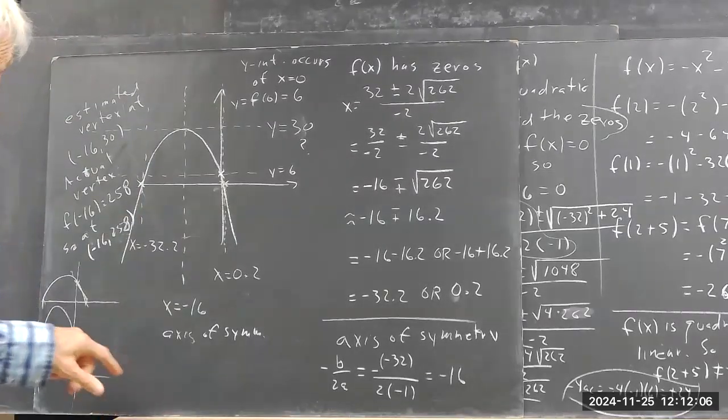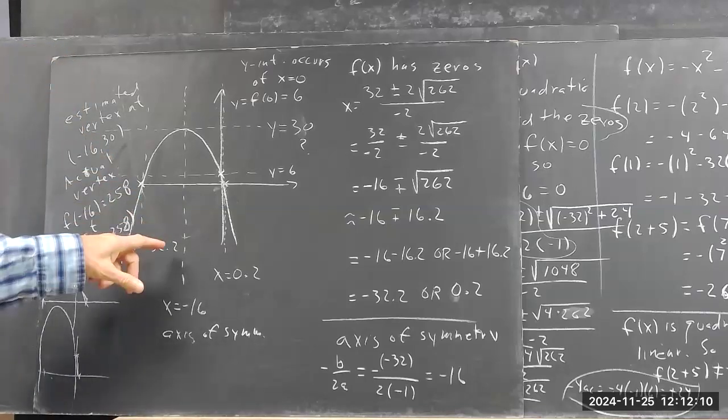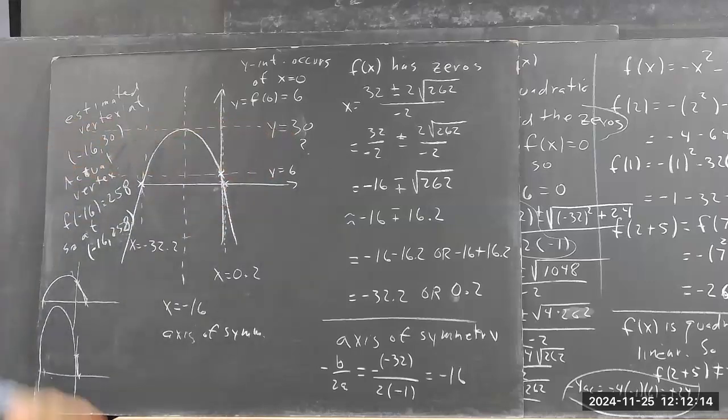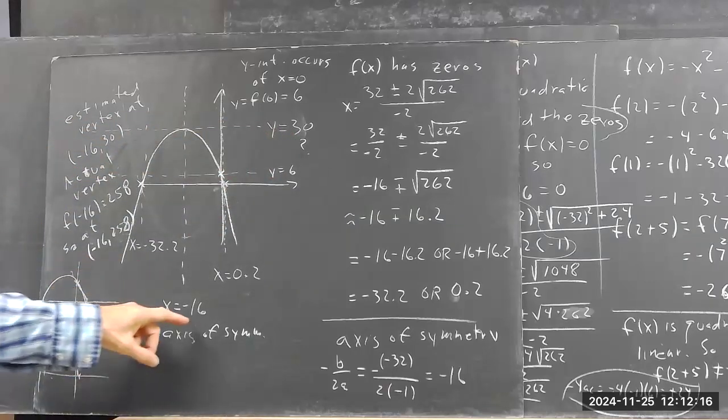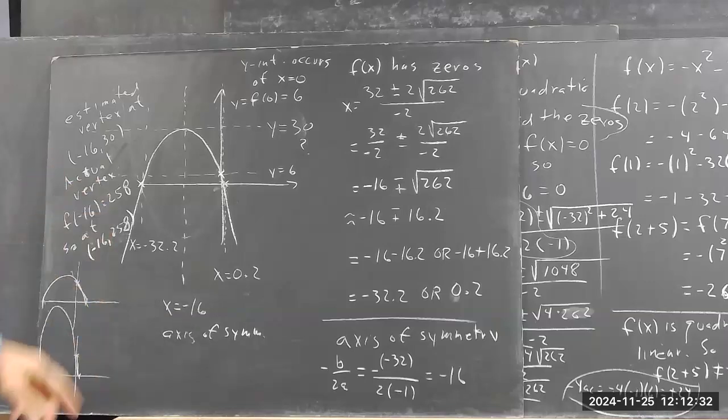Okay, so I'll say a little bit more about these pictures here. Okay, the estimated vertex would be at x equals -16, y equals 30. But if x equals -16, y equals what? F of -16, and I think that comes out 258. Okay. And if you didn't get that, work it out again.